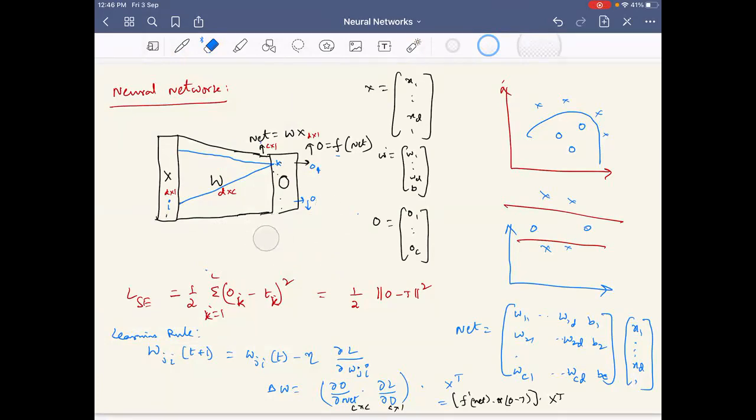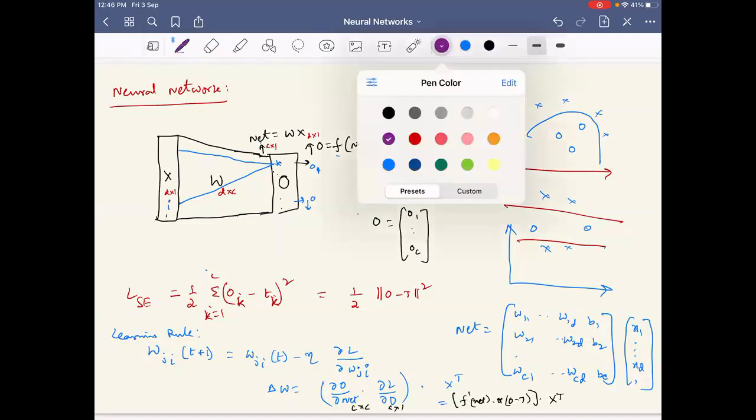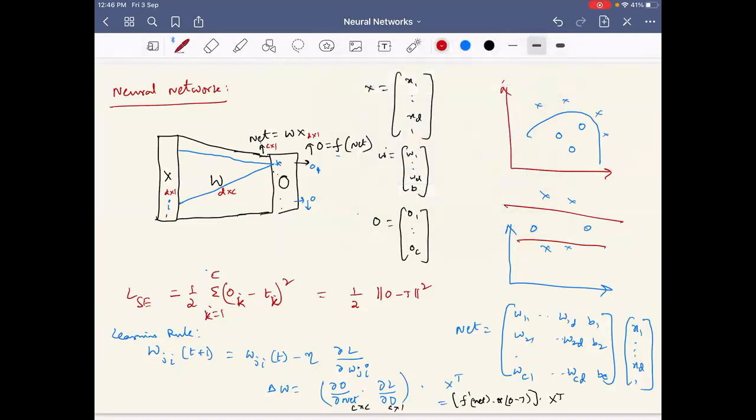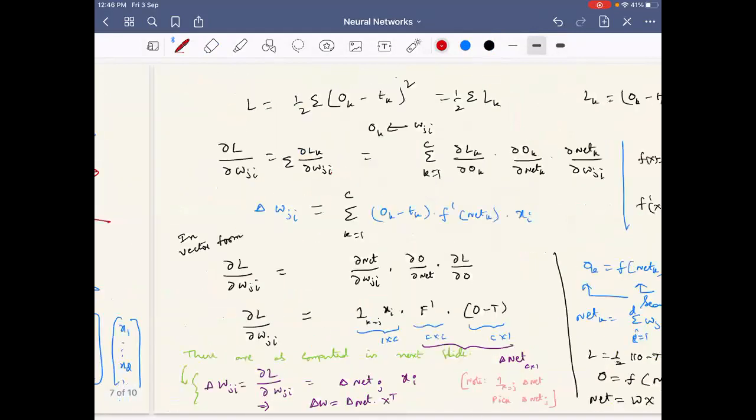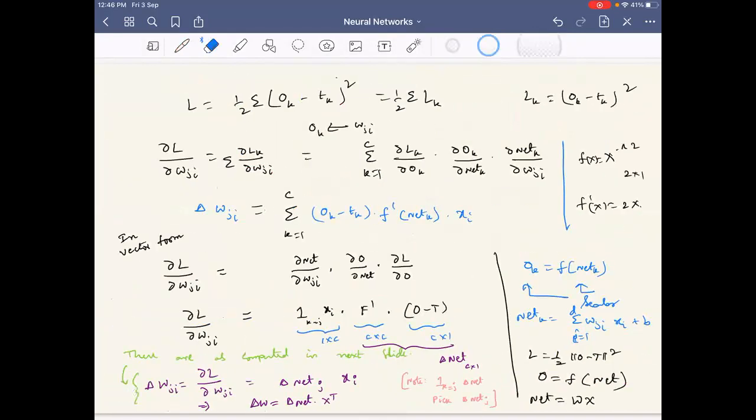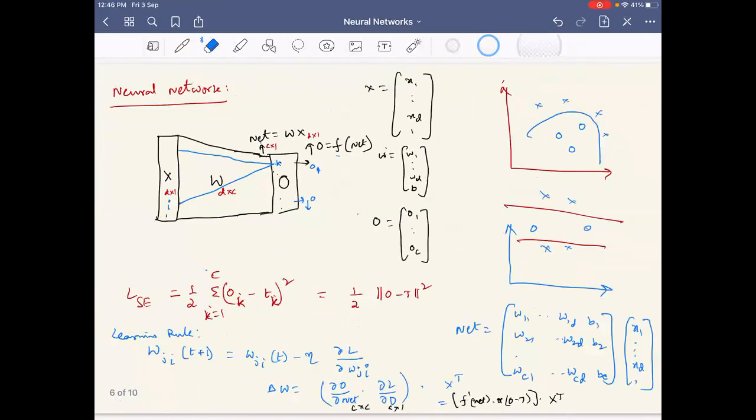And now let us review the expressions that we got in the last class. So we have seen that gradient descent is the principle with which weight update happens.